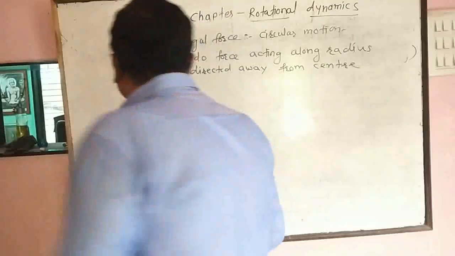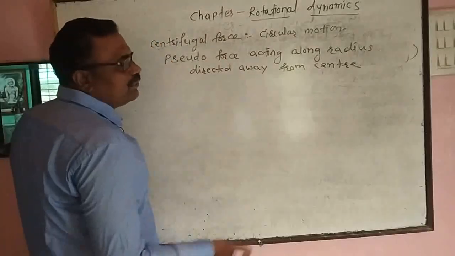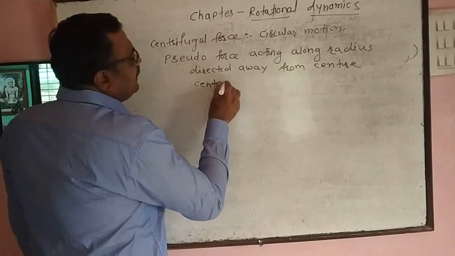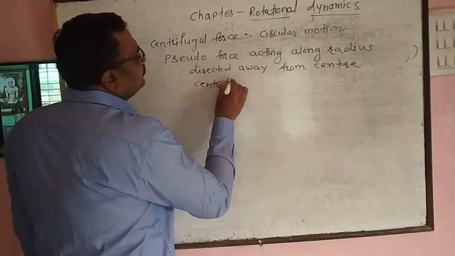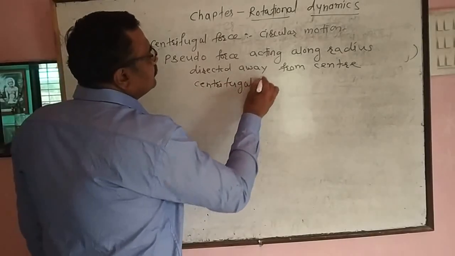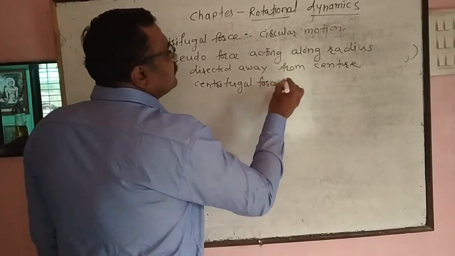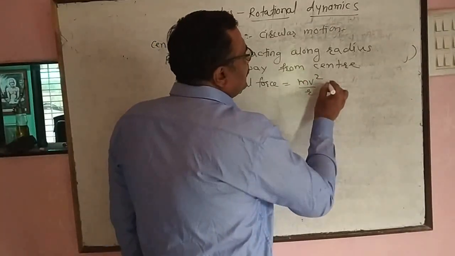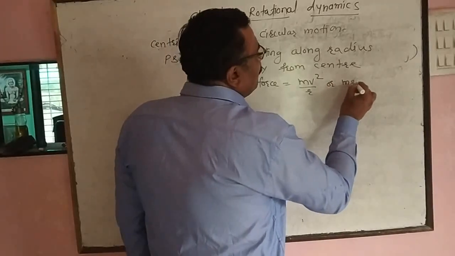Magnitude of centripetal force is equal to magnitude of centrifugal force. Therefore, centrifugal force is also given by the formula mv square upon r or m r omega square.